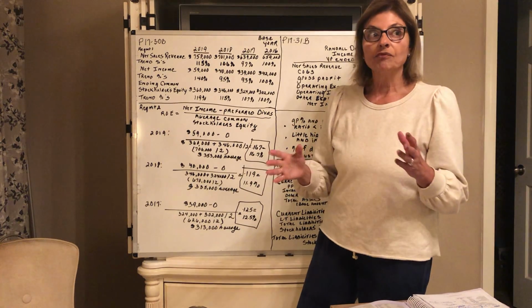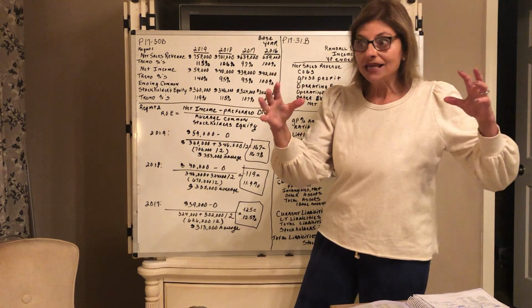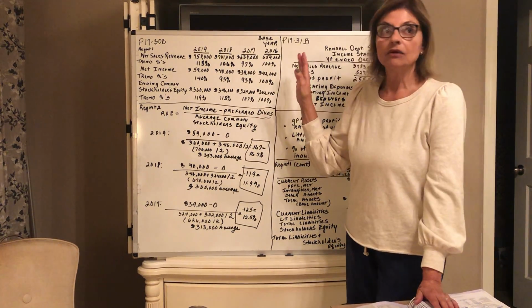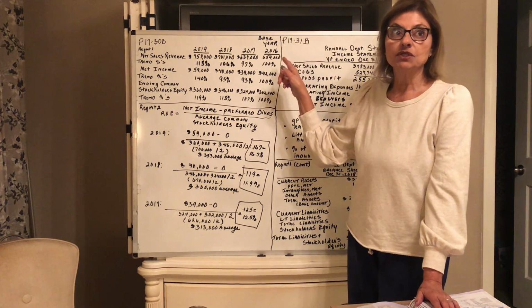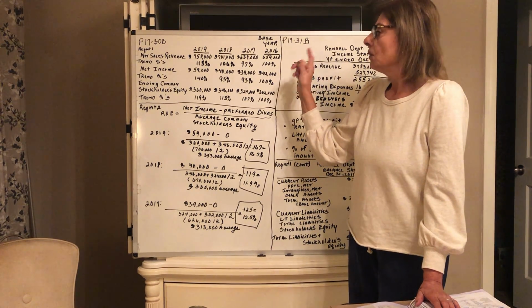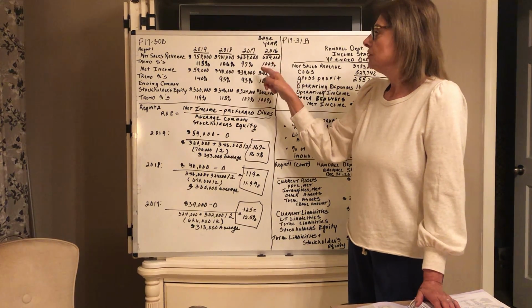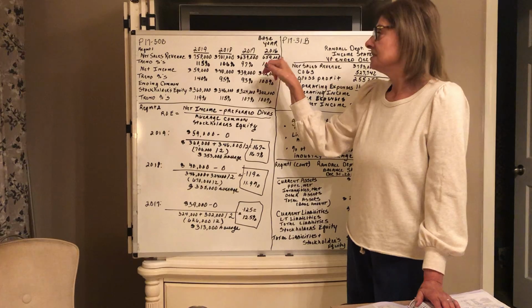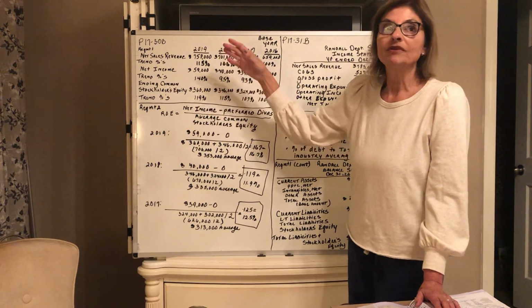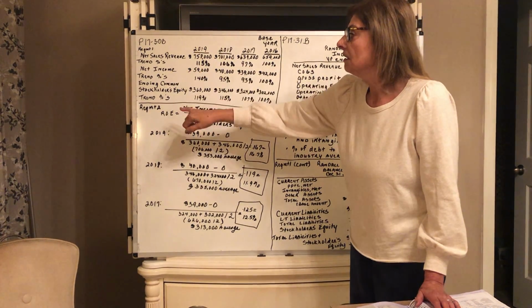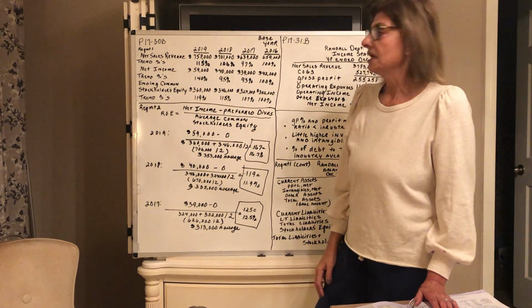They're usually done from a 3 to 5 year span. You pick a base year that you want to go off of. They've chosen 2016. So assuming it's the end of 2019 here, they're going to do everything compared to 2016, how they've done in these 3 areas: net sales, net income, and common stockholders' equity.